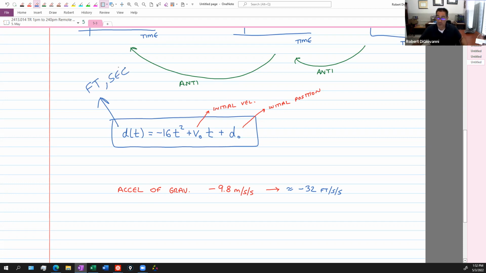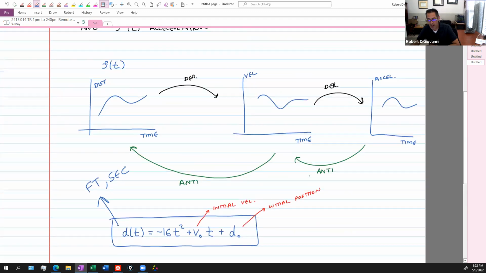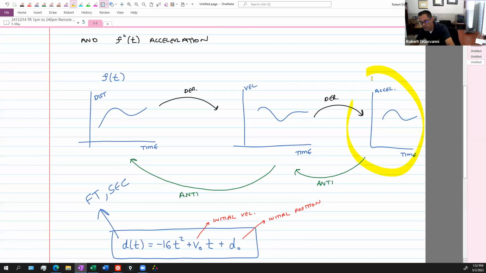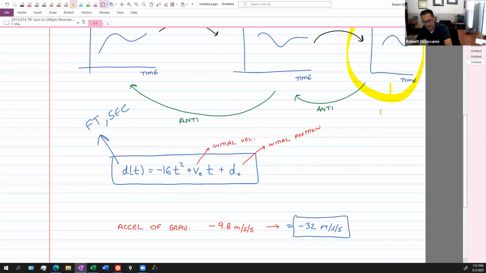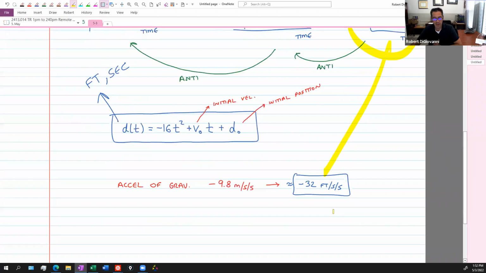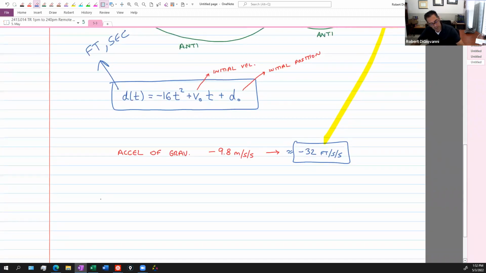So here's the amazing thing. This is the acceleration function on Earth for objects falling. This function over here is a constant. So let's say we have some acceleration function, I'll call it a of t.